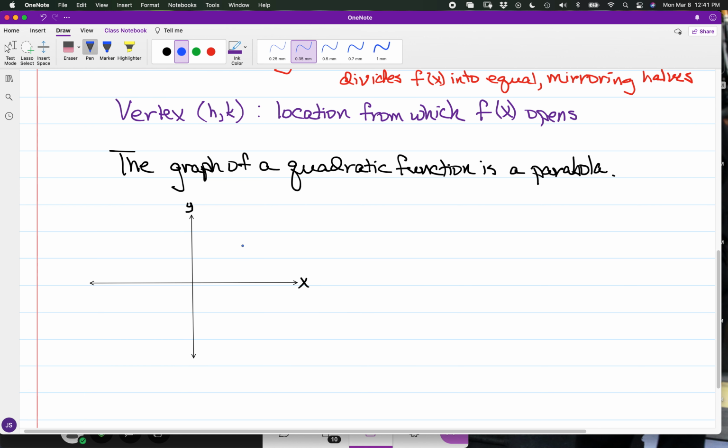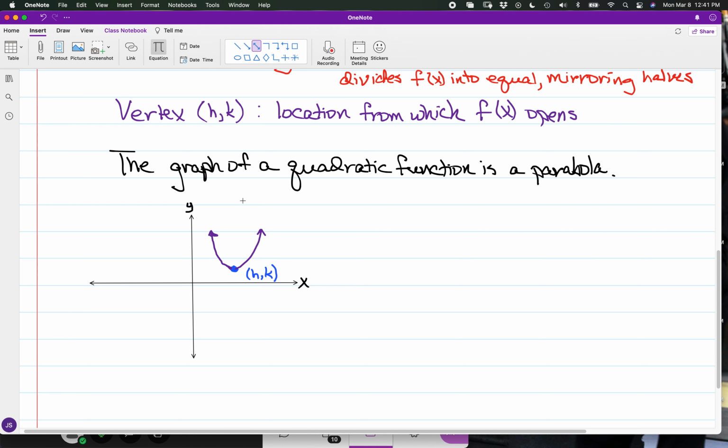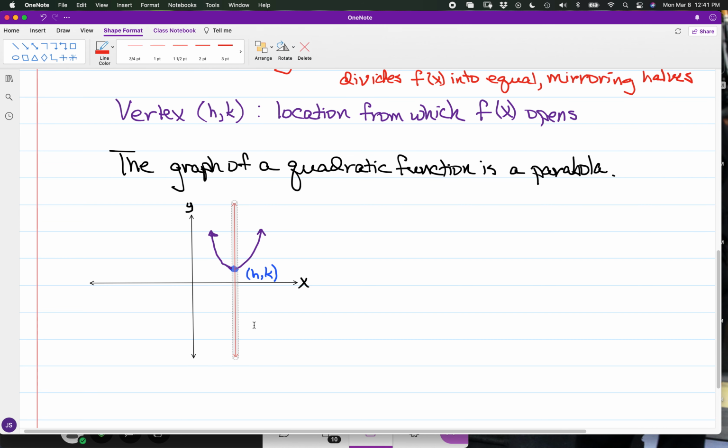Okay, and so in the case of a parabola that opens upward, again we have the vertex (h, k), and the axis of symmetry splitting up the graph of the parabola.